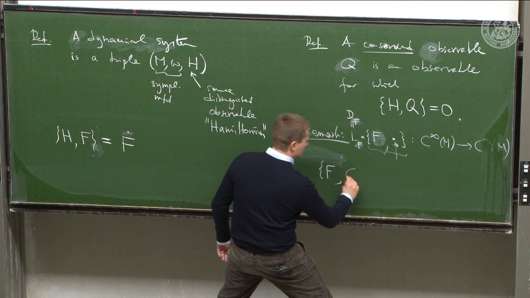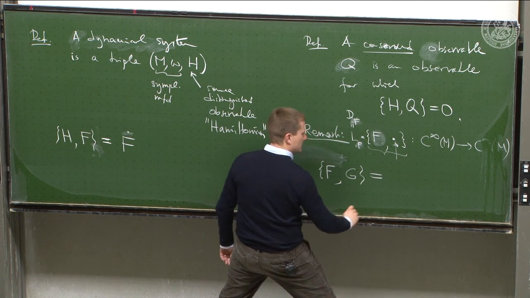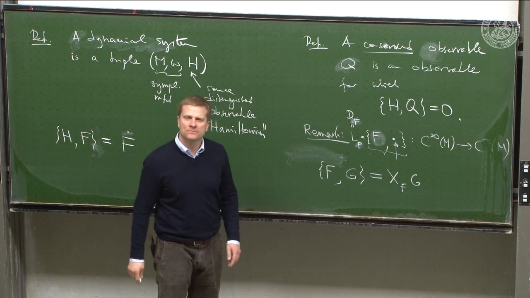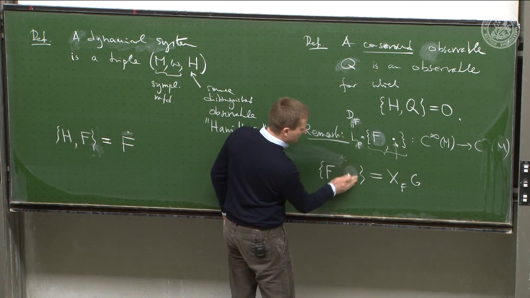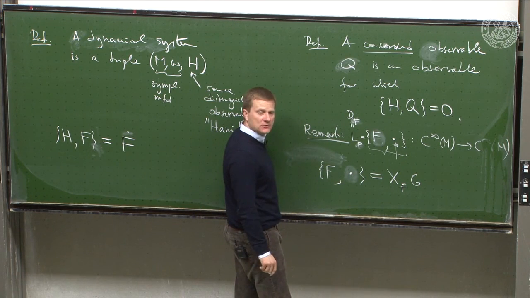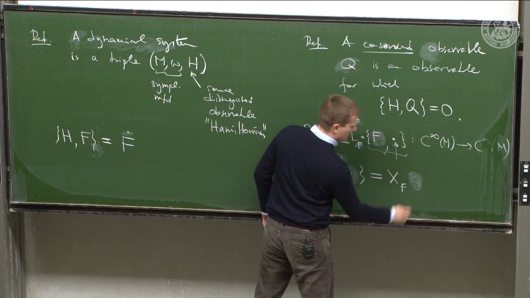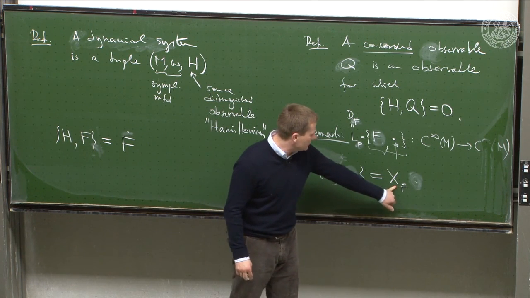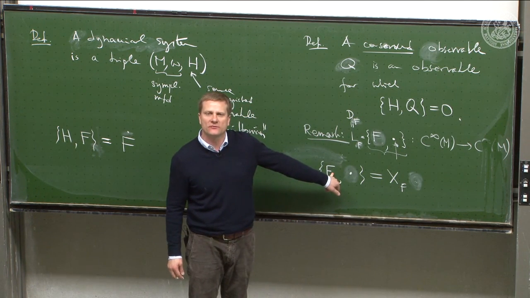F comma g, we defined this as X_f acting on g. So what happens if you leave the g out, if you say open slot? It means this object is the Hamiltonian vector field of that observable.